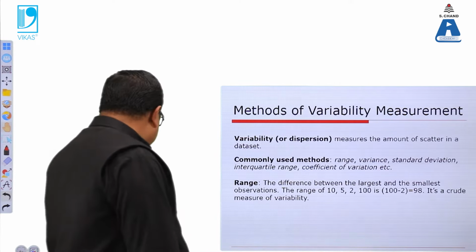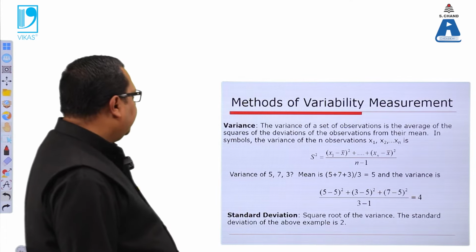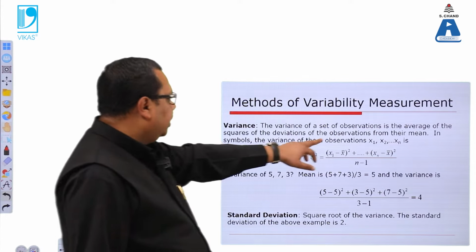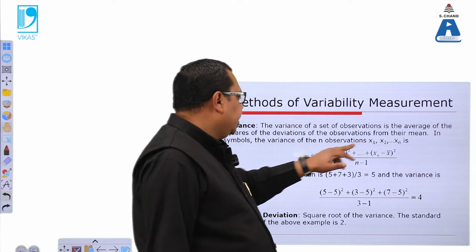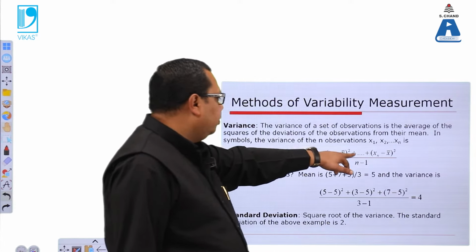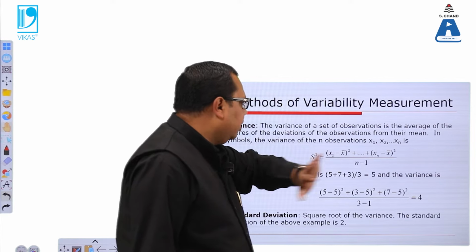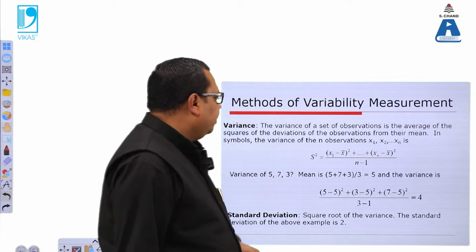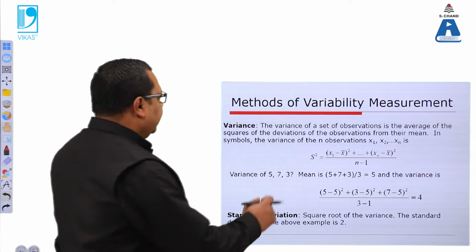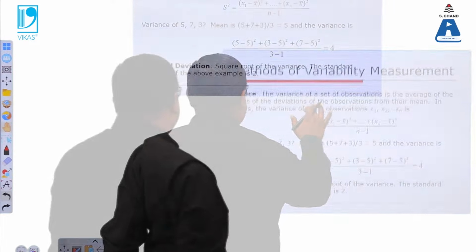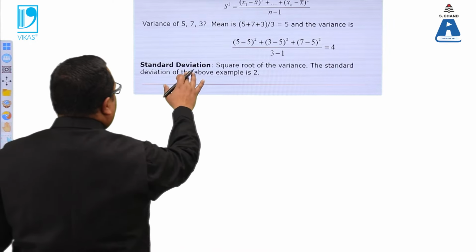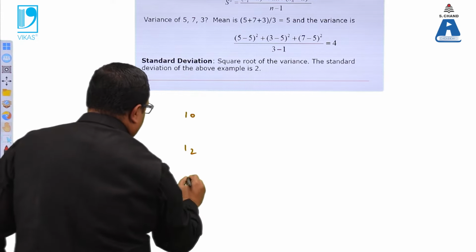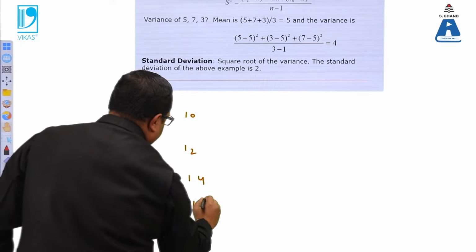So let's move further. We can see here how to calculate the variance. First we have data x1, x2 till xn, then x1 minus x bar, x2 minus x bar till xn minus x bar, whole square, over the number of terms, n minus 1. s square is the variance. So let's take an example and learn it. Suppose the data that we have here is 10, 12, 14, 16.